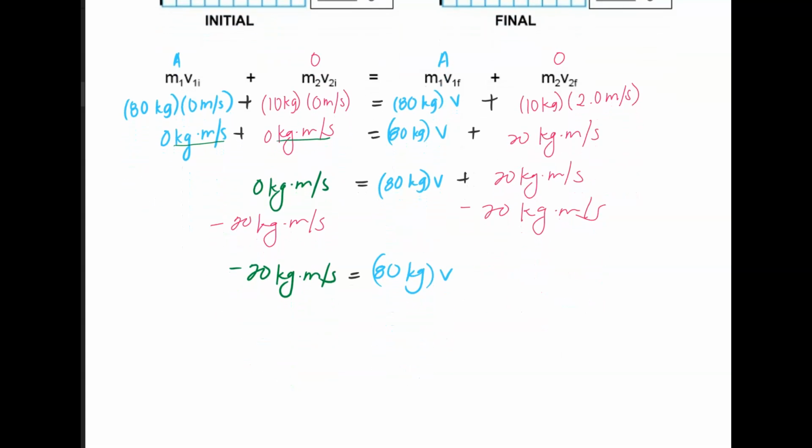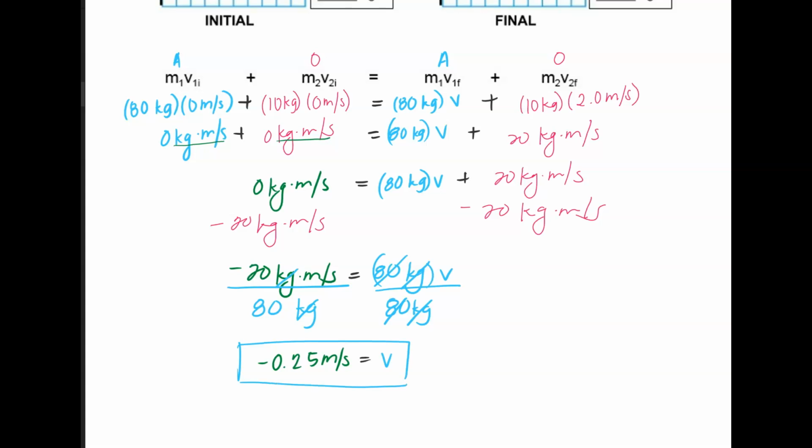We're trying to get velocity by itself, so we're going to divide by 80 kilograms. That cancels out the kilograms, and negative 20 over 80 is going to be negative 0.25 meters per second, which is equal to our velocity.